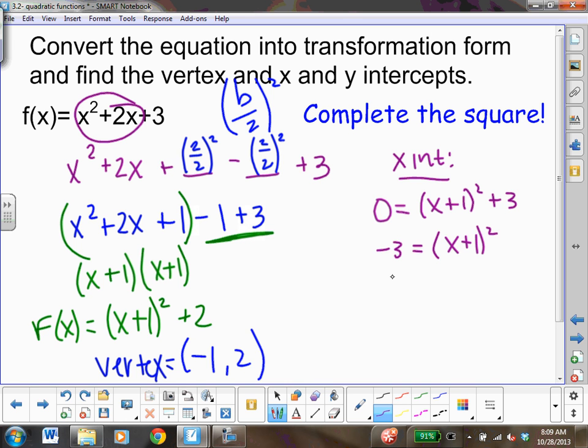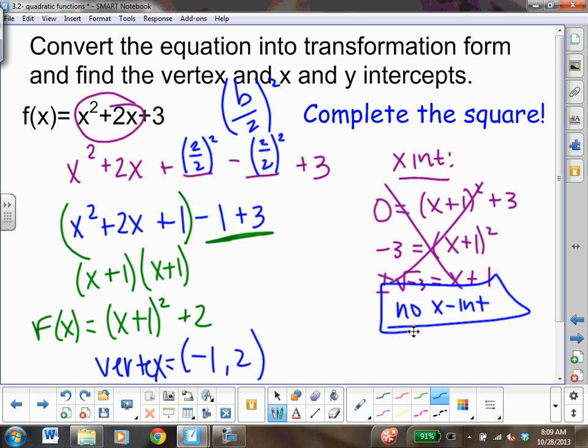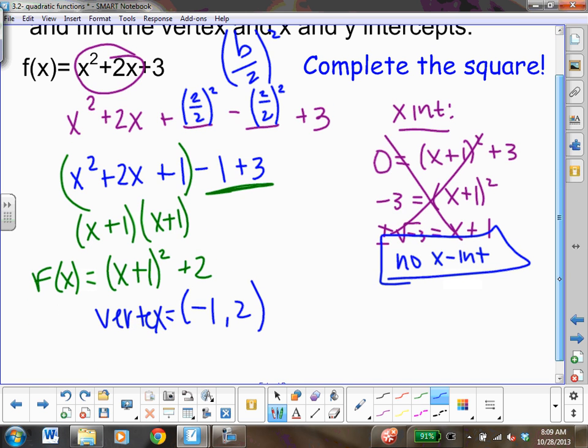And try to square root both sides, but if you notice, we're going to end up square rooting a negative number, which means that I have no x-intercepts. That means that the graph is never going to cross the x-axis.